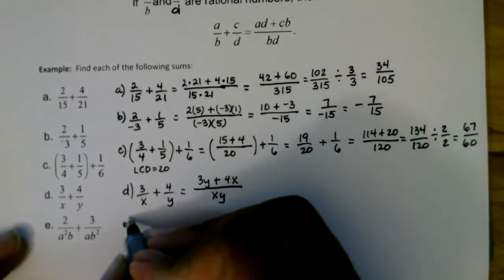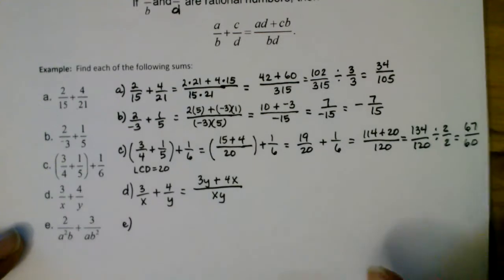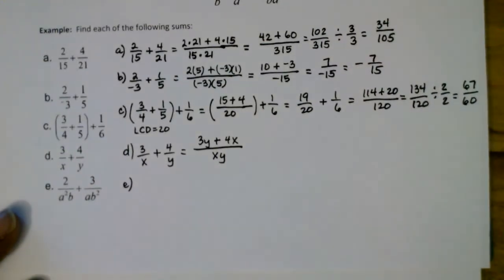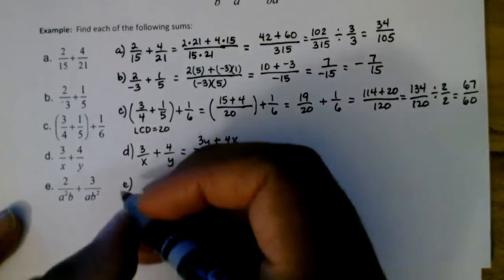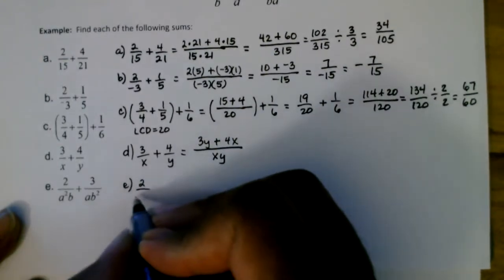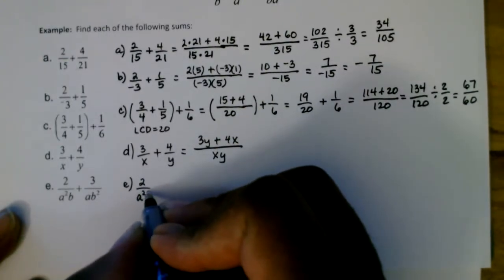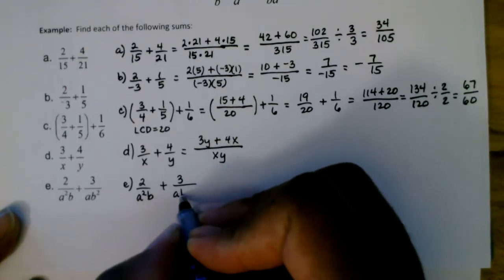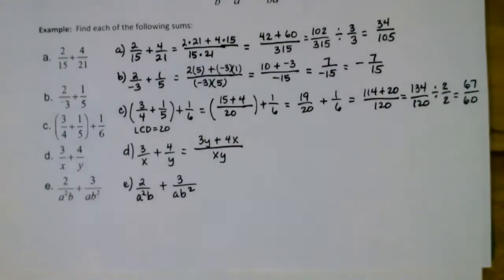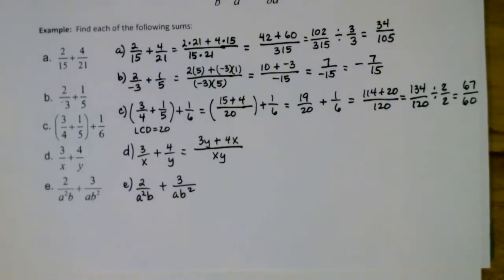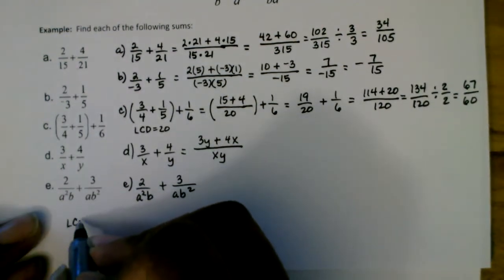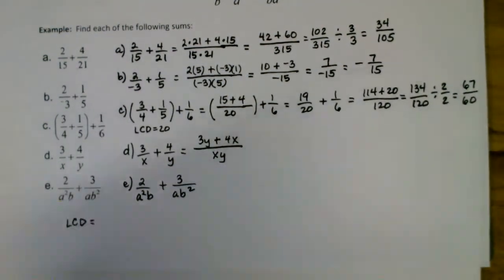And part E. Here I got 2 over A squared B plus 3 over AB squared. Now, in this case here, I'm going to need to find something called the LCD or LCM, doesn't matter.